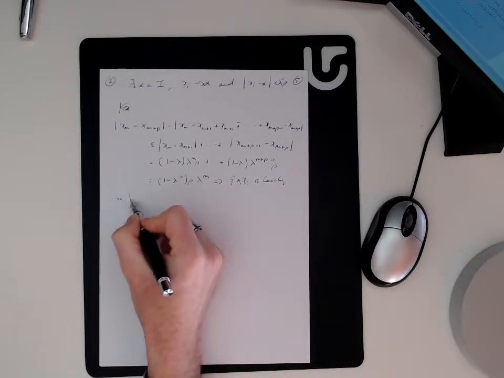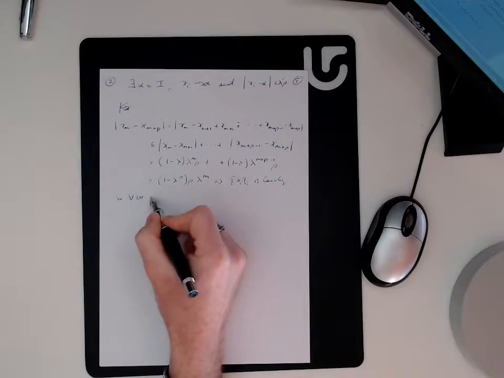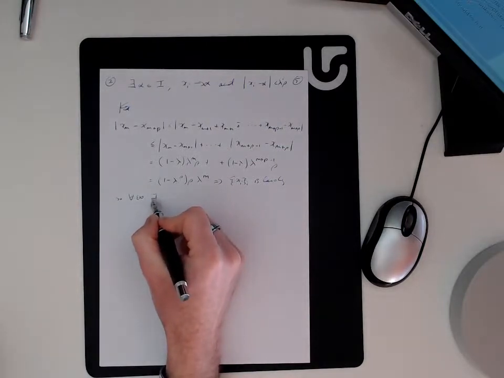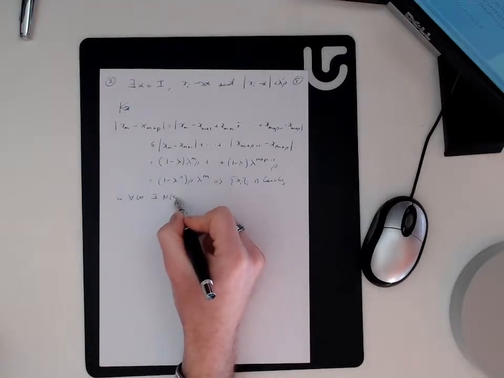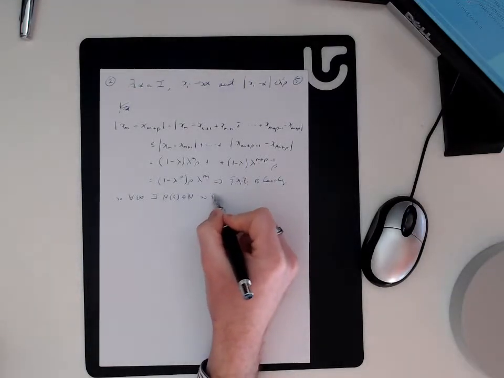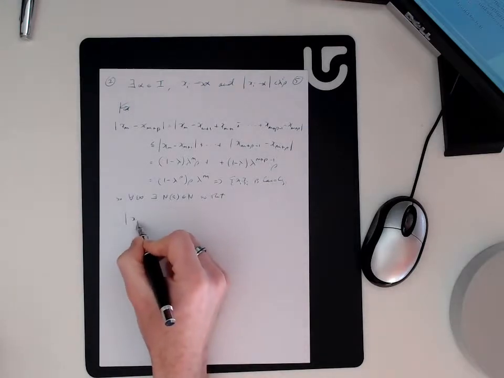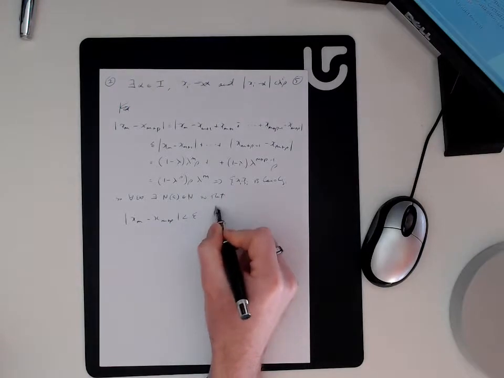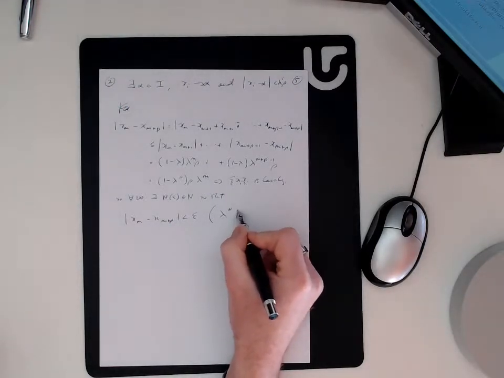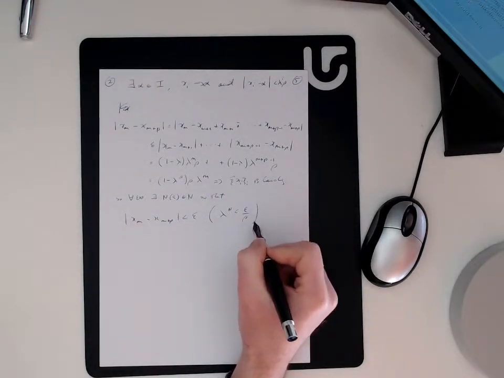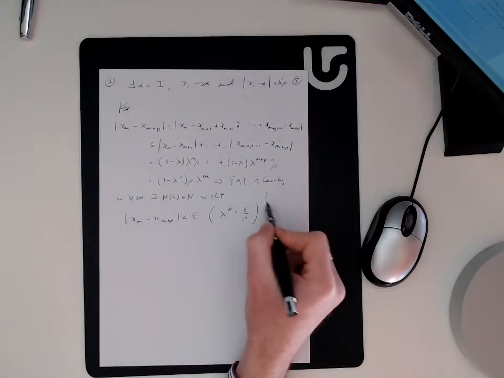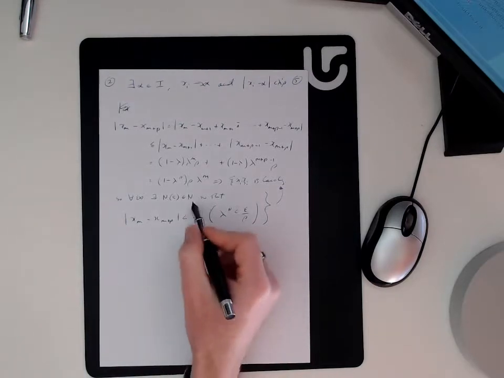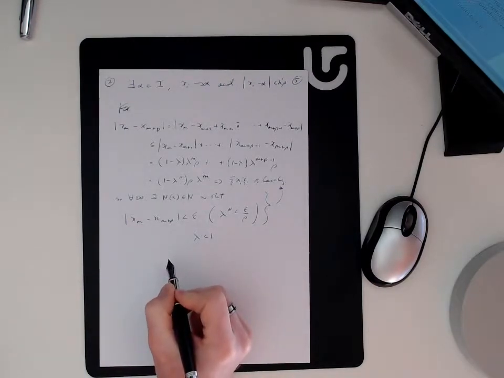So, for all epsilon greater than 0, there exists an n_epsilon, so that the distance between x_m and x_{m+p} is less than epsilon, which really means that we need lambda^n less than epsilon over p, and that implies this. Once you just think about it a little bit, again, because lambda is less than 1.